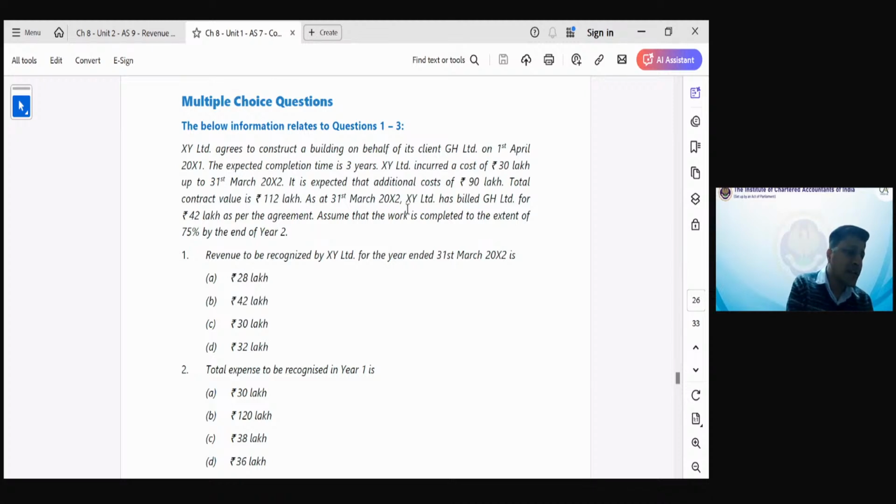So let's quickly compute what the total cost will be. The total cost will be 120 lakhs.